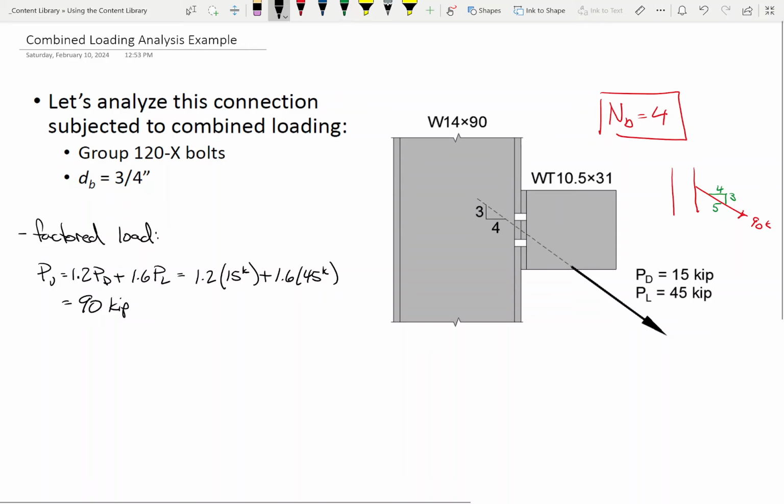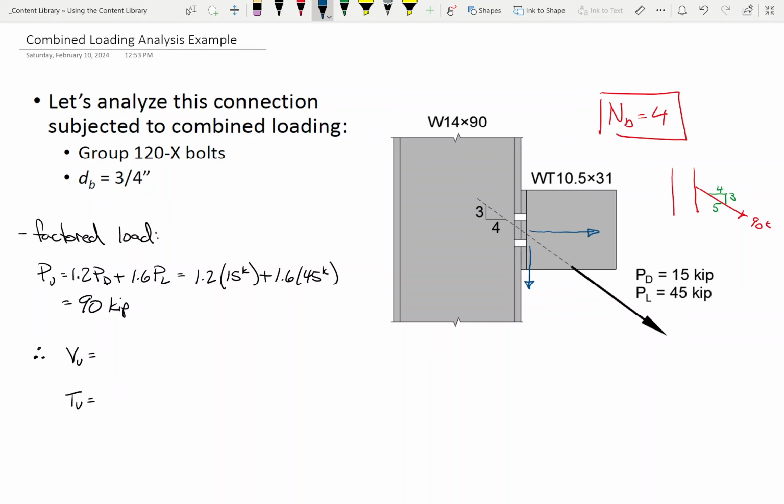The first thing I want to do is determine VU and TU. To be clear, I'm talking about this component and this component. This horizontal component, is that tension or is that shear?